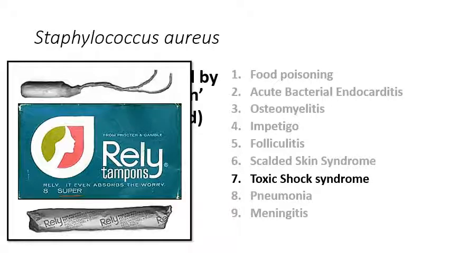So that is where the condition that killed these women was referred to as toxic shock syndrome. Later on, they discovered that toxic shock syndrome was caused by TSST1 toxin, which is produced by Staph aureus. And so this company had produced a bad batch of tampons that were contaminated with Staph aureus.